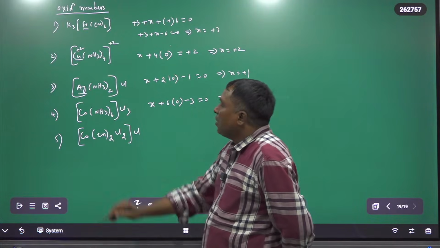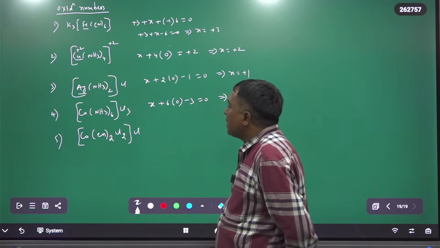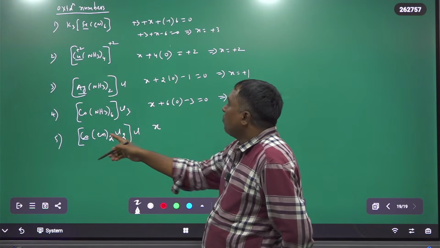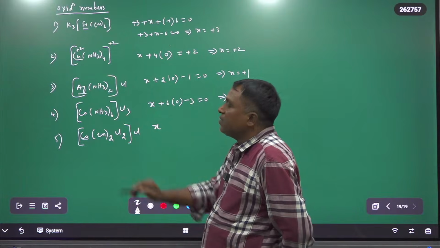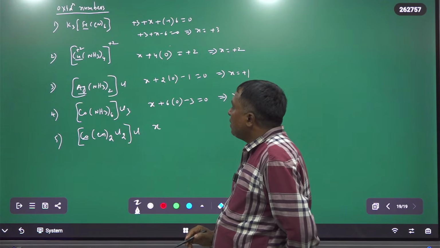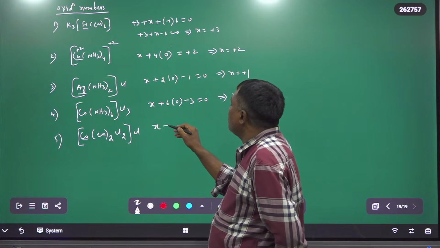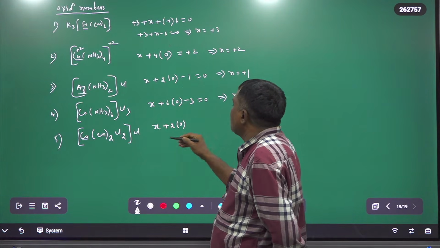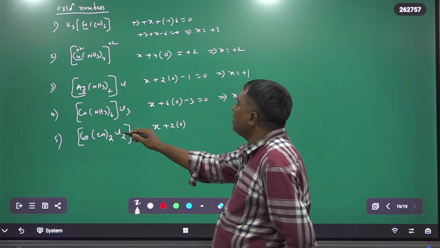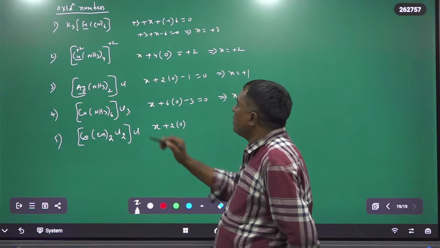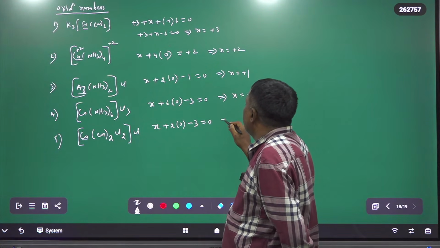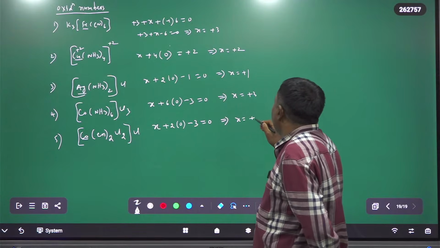In order to calculate the oxidation number of Co, you consider this as X. En is ethylenediamine, which is neutral in nature, therefore 2 into 0, and Cl is minus 1. These are minus 2 and this is also minus 1. Therefore, totally minus 3 is equal to 0. Therefore, X is equal to plus 3.